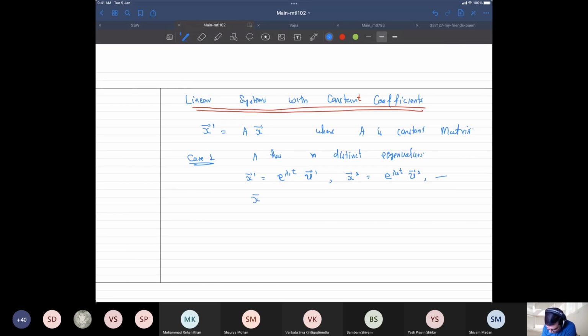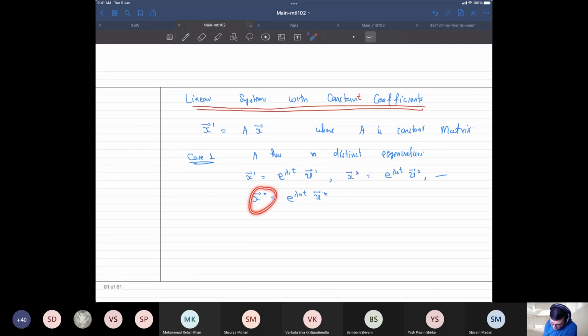So you got n linearly independent eigenvectors. How would you prove that they are linearly independent? Can somebody tell me, did you prove that they are linearly independent? How would you prove that these are n linearly independent solutions?